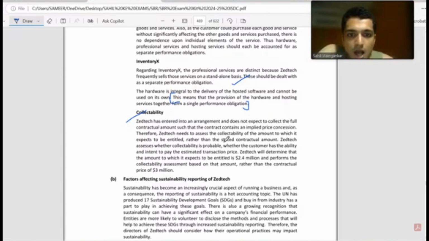तो मतलब वो जो काम है वो इसके हिसाब से कर रहा है कि उसको 2.4 मिलियन ही मिलने वाला है ना कि 3 मिलियन. बेसिकली अपना खाली ट्रांजैक्शन प्राइस जो है वो चेंज हो रहा है, बाकी कुछ नहीं हो रहा है.